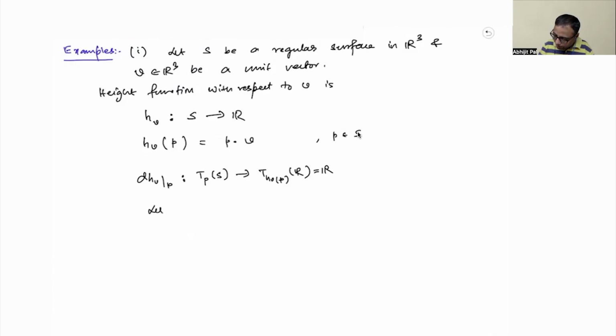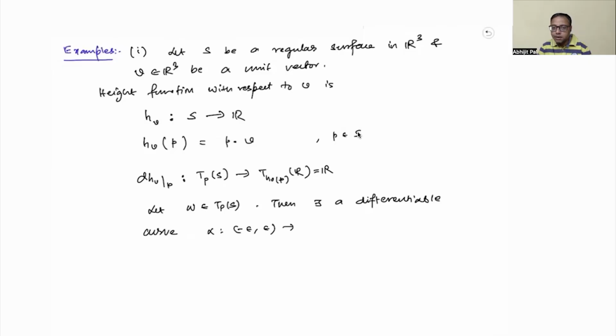Let us take W belonging to T_P S. Then there exists a differentiable curve alpha defined on minus epsilon to epsilon into S such that alpha(0) is equal to P and W is equal to alpha prime(0).